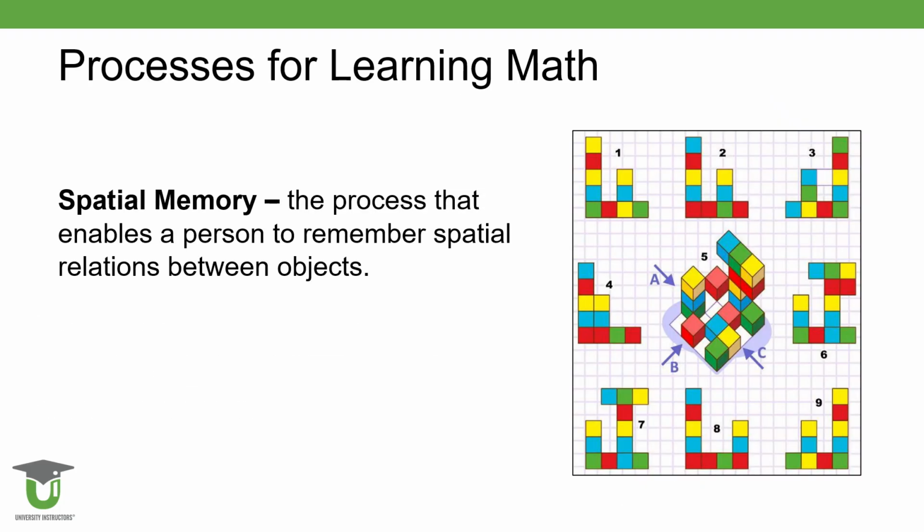The third process was spatial memory, or the process for remembering spatial relations between objects. What is the connection between visualization, directionality, and spatial memory? How could one strengthen the other? Spatial memory includes both visualization and directionality.